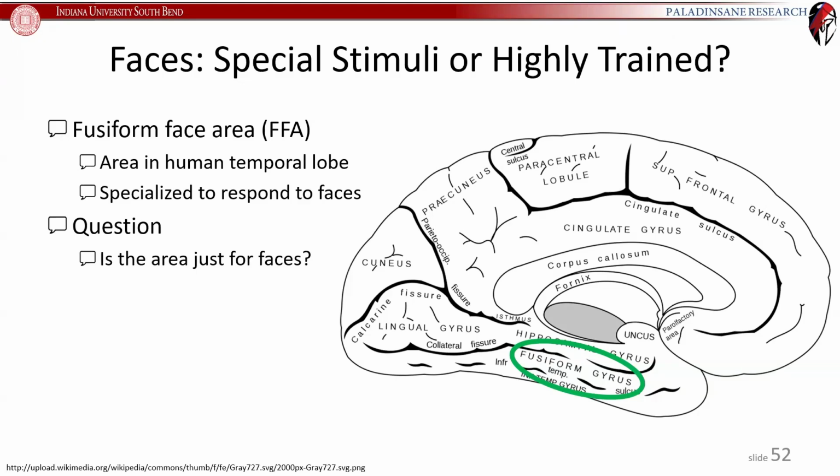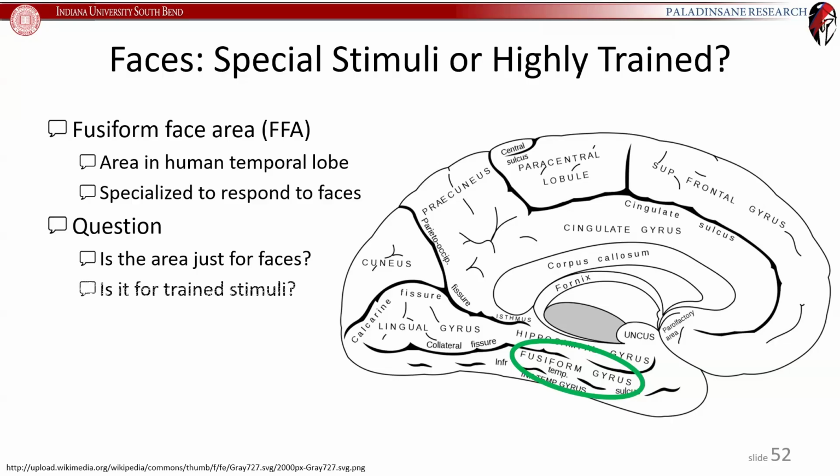Much like we have a visual cortex that's just specialized for visual information, and a somatosensory cortex that's just specialized for touch. Is this an area that is just specialized for faces, which would then indicate that we must have representational strategies in our mind that are specifically just for faces?